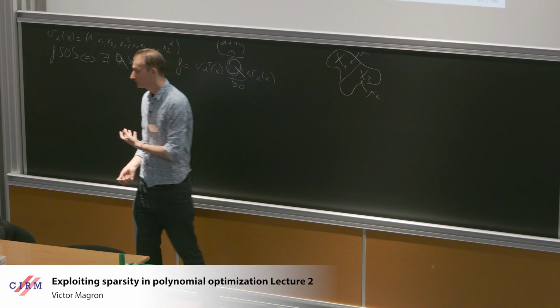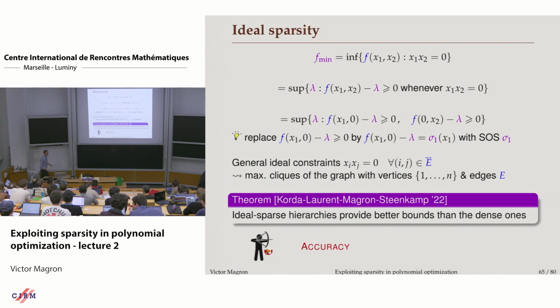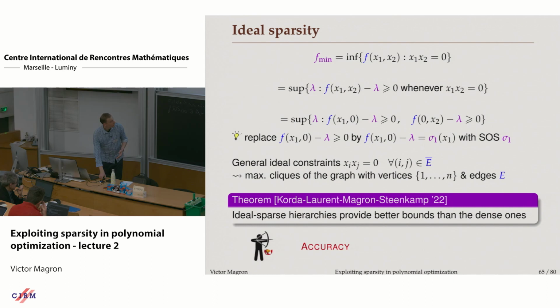And here the same happens, but you are meshing your support with n-1 dimensional measures, because you exploit the fact that one of the variables is 0. So it's always more accurate, but it can be also more expensive.